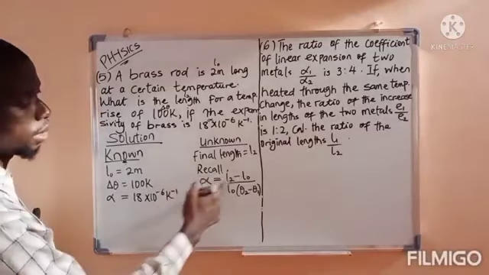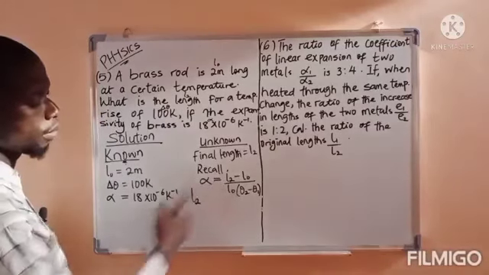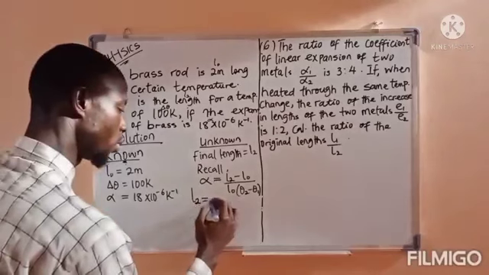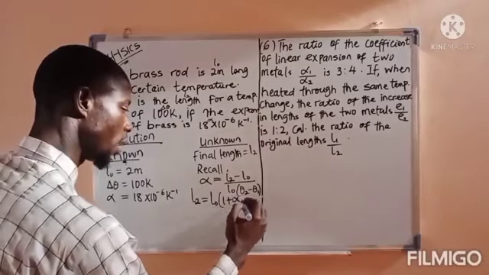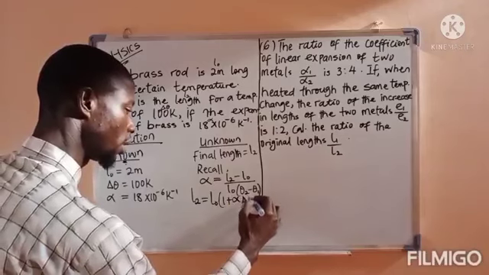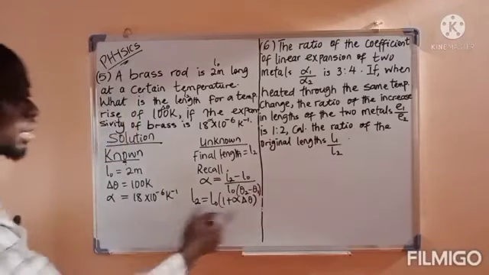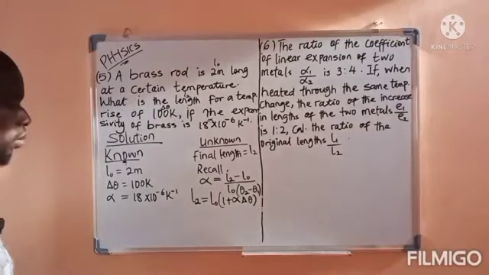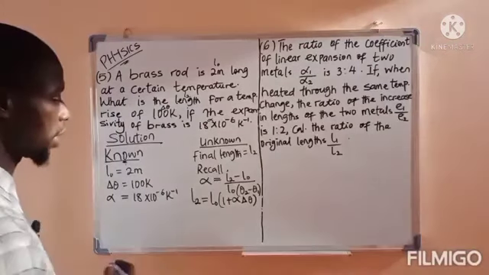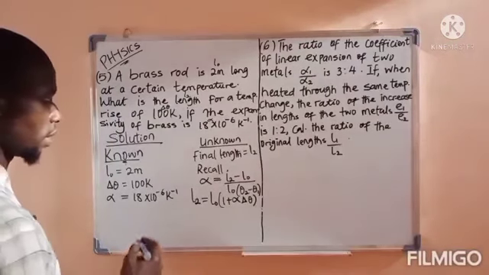It is gotten from making L2 the subject of the formula from this one, which is L2 equals L0 into 1 plus alpha change in theta. So this one is the easiest. Quickly use it, especially if it is objective. It's fast for you to do and get your answer fast.